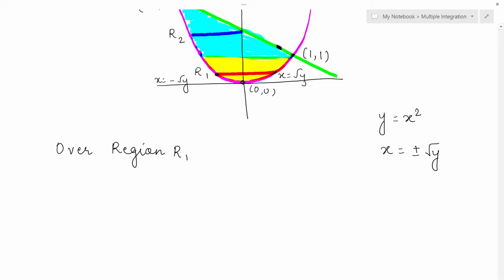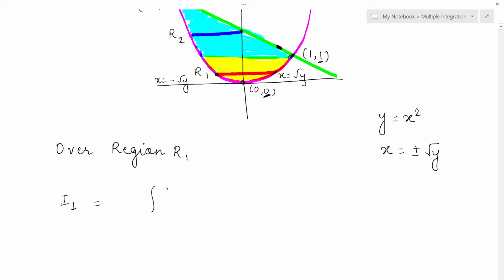And if the movement of the strip is vertical, if you look at the y point, it goes from here to here. The y value here is 1 and the last over here y value is 0 and here it is 1. So now the limits, let me consider this as I1 because we have taken it over the region R1.